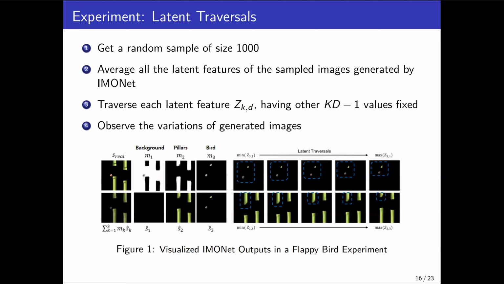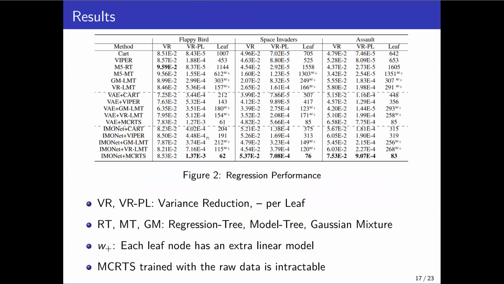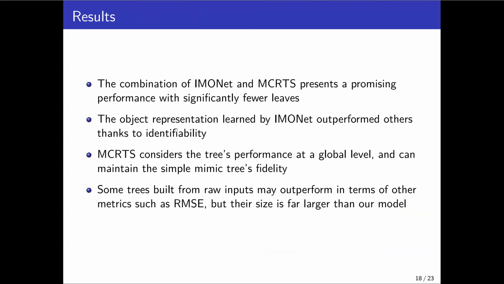As the first latent variable increases, the bird stays close to the lower pillars. And if the second one increases, the length of the upper left pillar decreases. So in terms of the overall variance reduction, the combination of IMONet and the Monte Carlo regression tree search dominates, with a significantly fewer number of leaves in the selected tree.